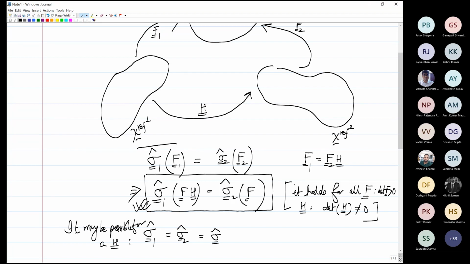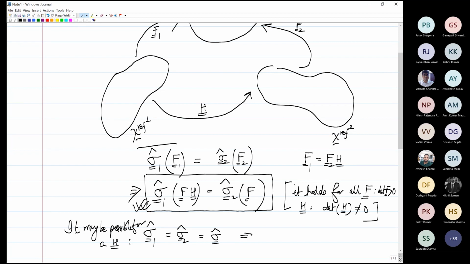Fh is equal to f. Well, no. We are talking about the response function, not about the argument. The arguments can be different, but we are right now talking about the response function.